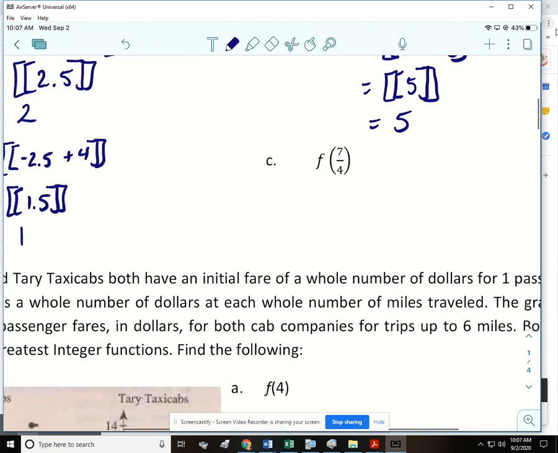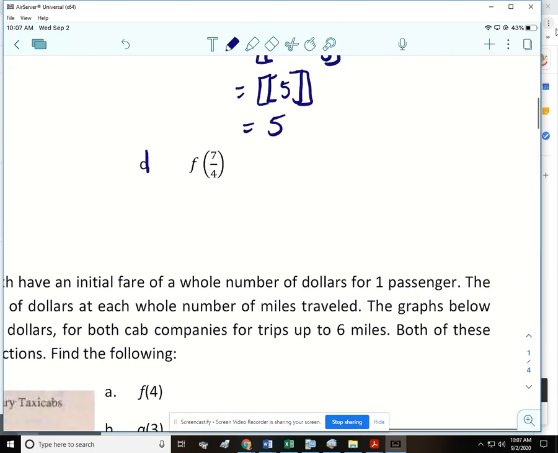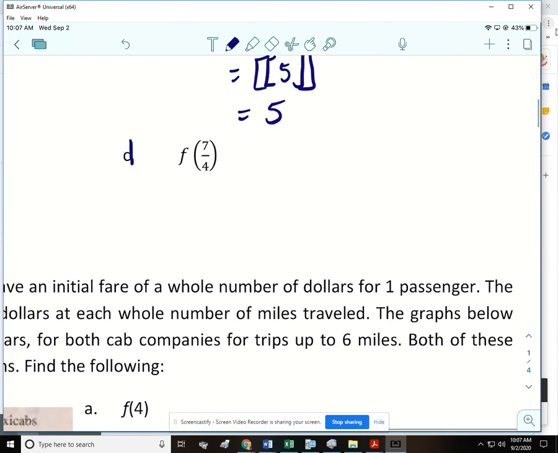All right, you guys try the second C on your own. We'll call it D. So use your little blue calculator or whatever you have or in your brain, to figure out what 7/4 is as a decimal, and then plug it in for x.